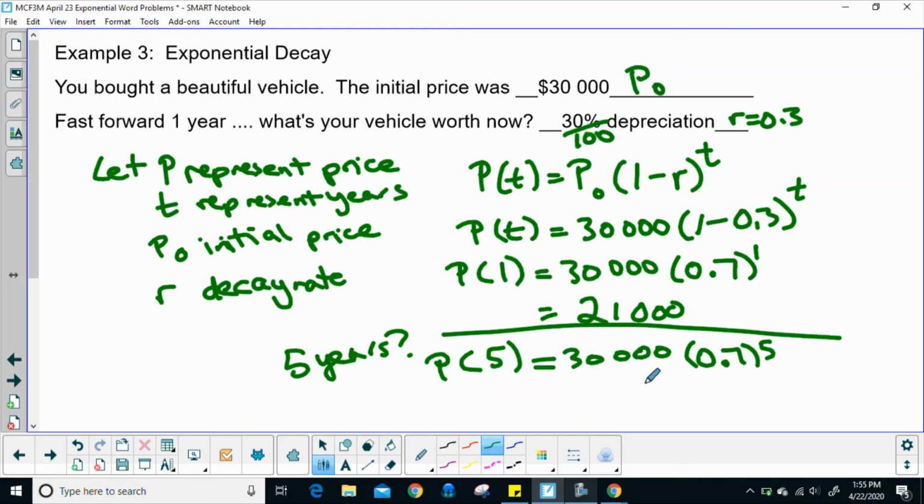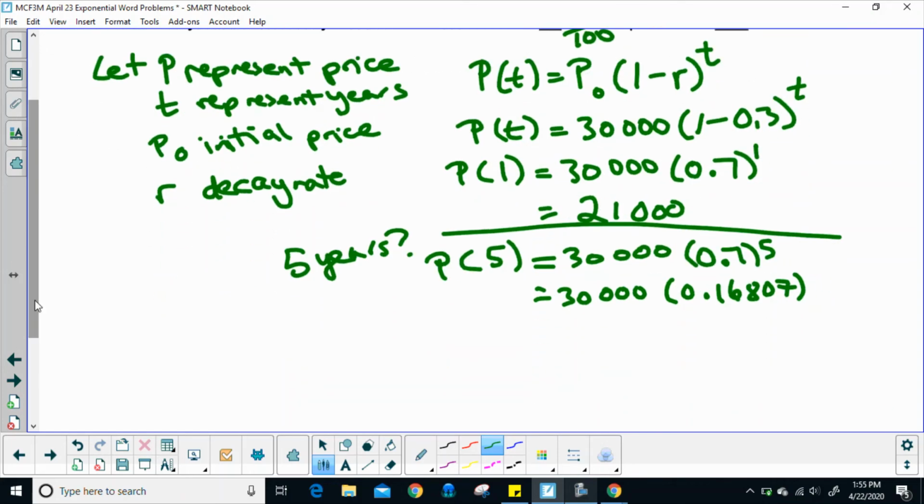So let's type that one in: 0.7 to the exponent 5 is 0.16807. Finish it off by multiplying that by the 30,000. After 5 years, after paying all that money, because 5 years is about when you're done paying for it, it's only going to be worth about $5,000.